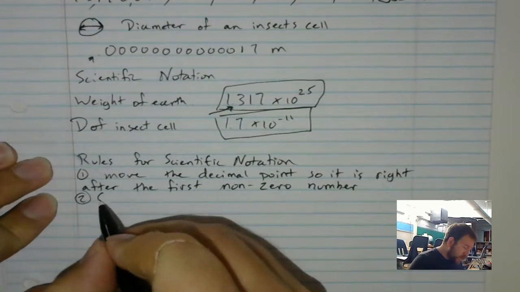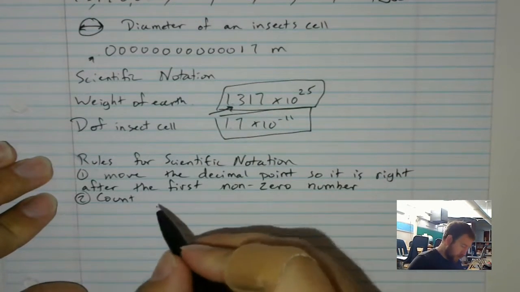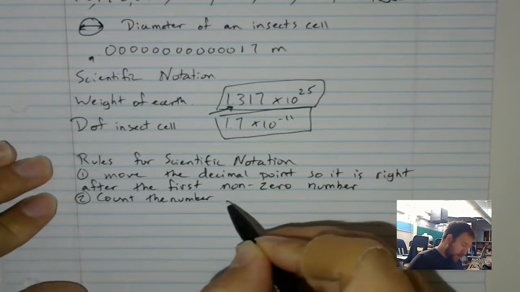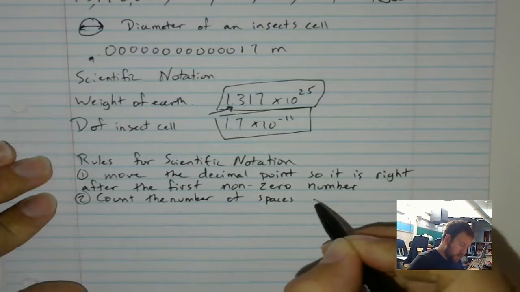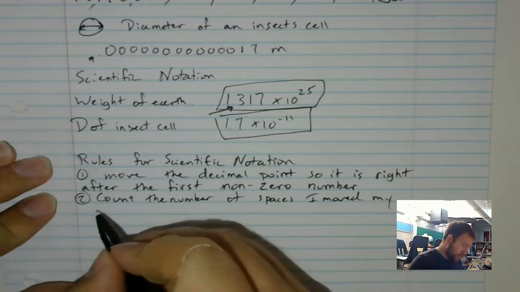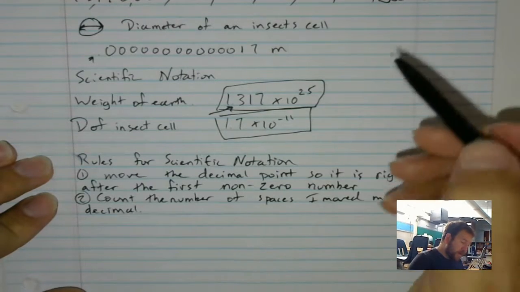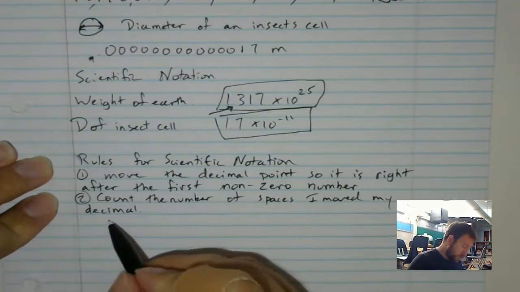Okay, so then we have to count how many spaces. Count the number of spaces I moved it. If I move the decimal to the left, it's going to be positive.